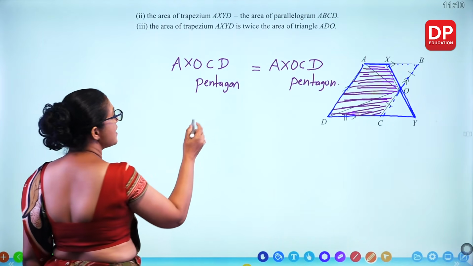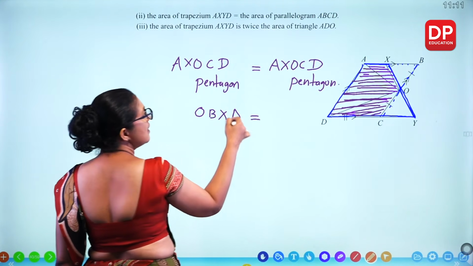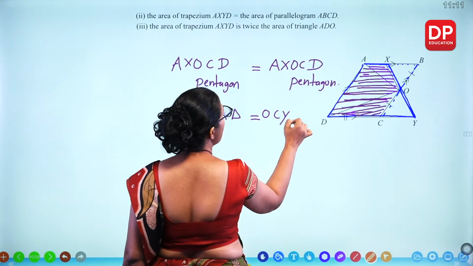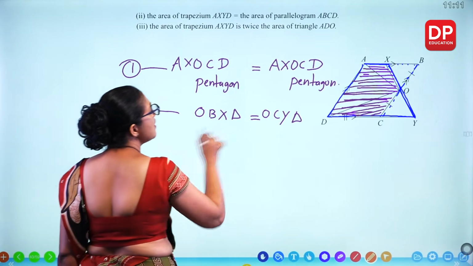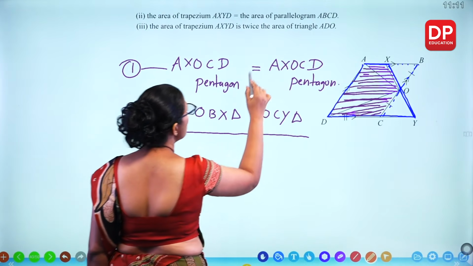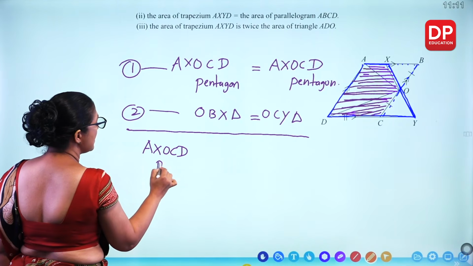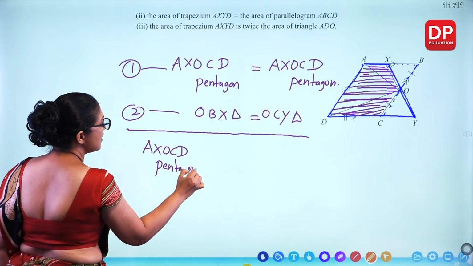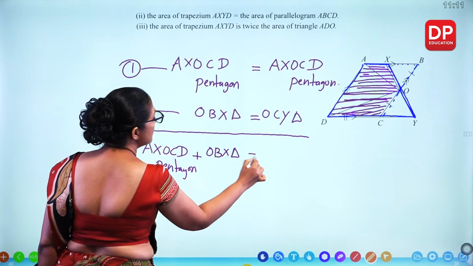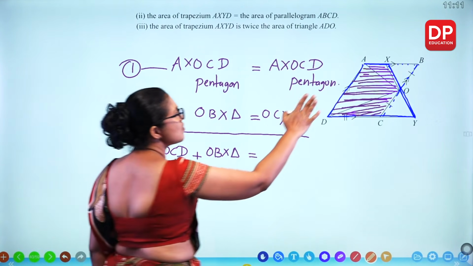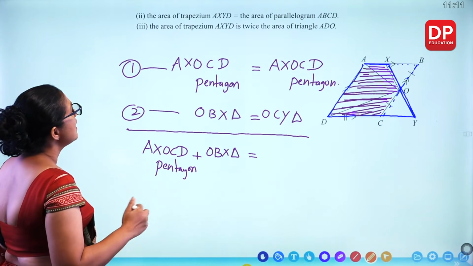I am trying to add OBX triangle and OCY triangle. Now when I add these two, what happens? AXOCD pentagon. When I add the others, OBX triangle, what am I getting? This one with OBX, I get the ABCD parallelogram.